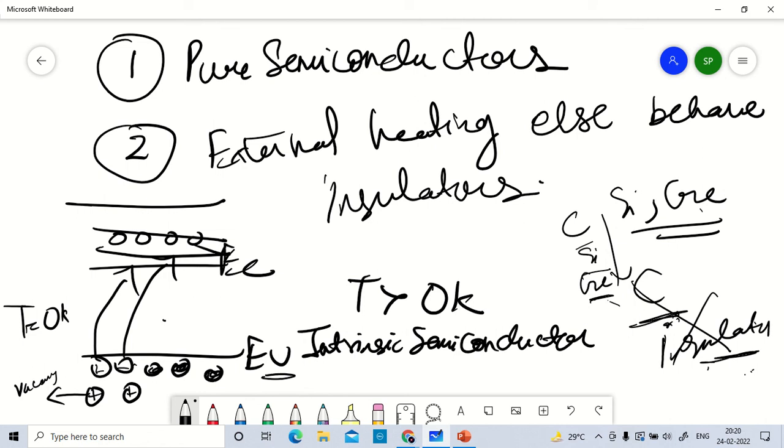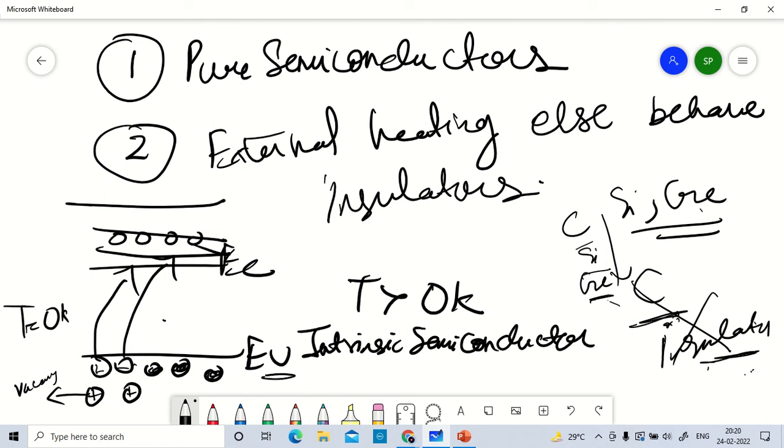Whenever you add a small amount, a few parts per million, of another substance to a pure semiconductor like silicon or germanium, the semiconductor's conductivity increases. Such materials are known as extrinsic semiconductors, or impurity semiconductors. The deliberate addition of a desirable impurity is called doping.